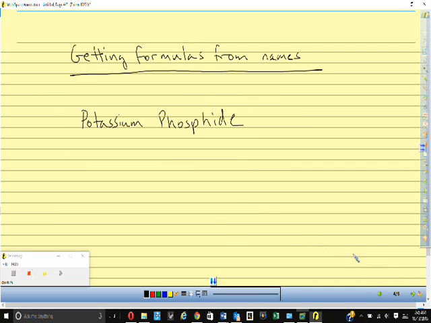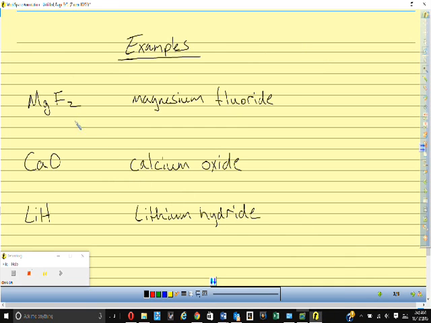Now, if you're getting the formula from a name, which is going in the opposite direction, okay, so you have a name and you're trying to get the formula from it. There's a process that you go through in order to generate the formula. Because if you look back here, you notice that here we had a 2, down here we didn't have anything, down here we didn't have anything.